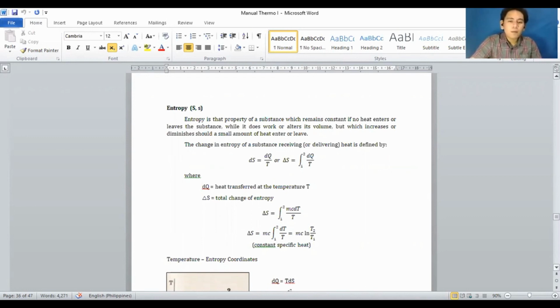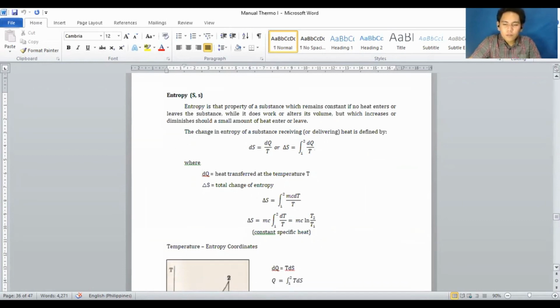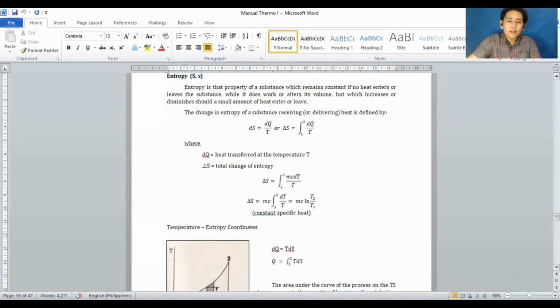The change in the entropy of a substance receiving heat is defined by this equation, which is the integral from 1 to 2 of dQ over T. Your dQ is heat transferred at the temperature T, and your delta S is your total change of entropy. Your total change of entropy would be like this equation: the integral from initial to final of mc dT over T.